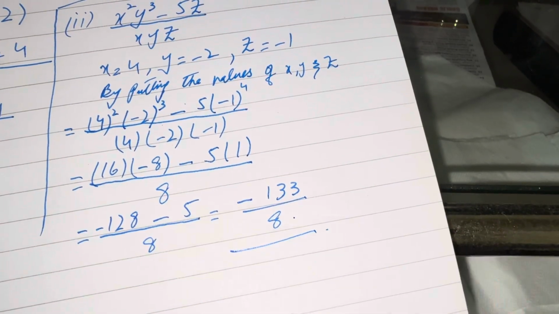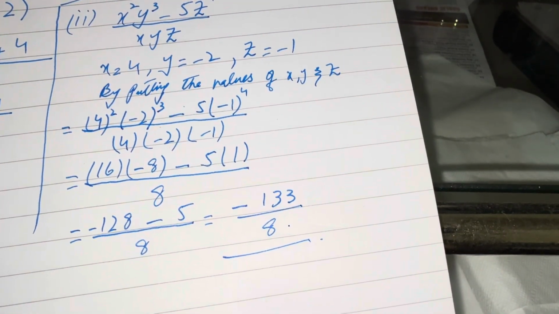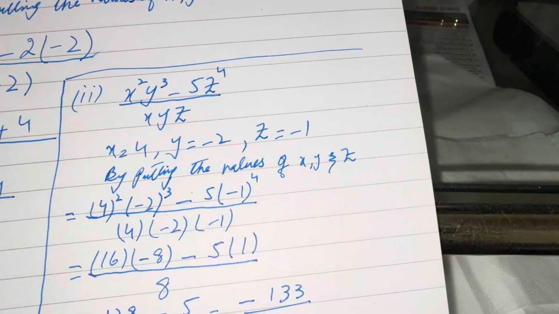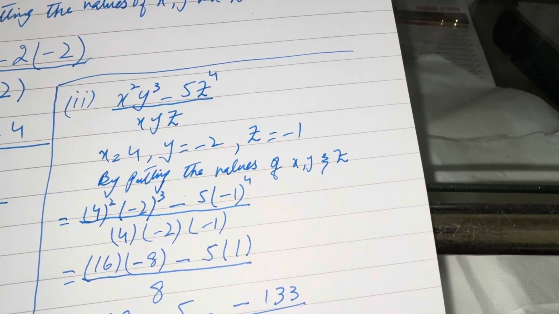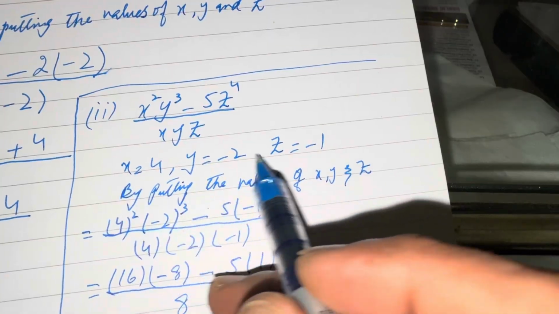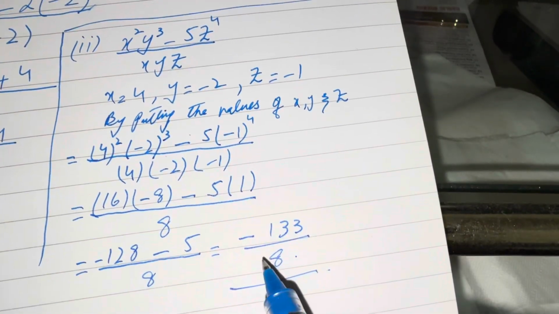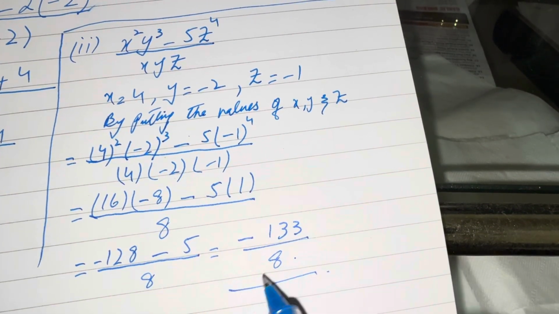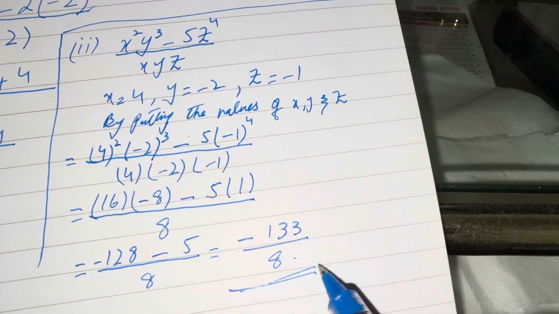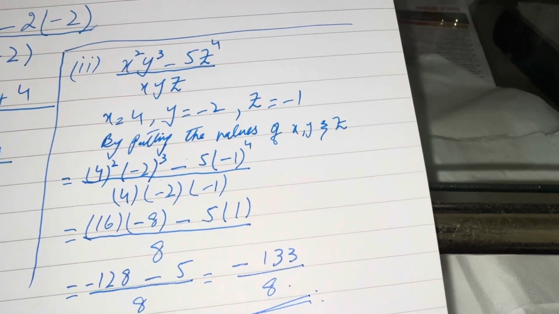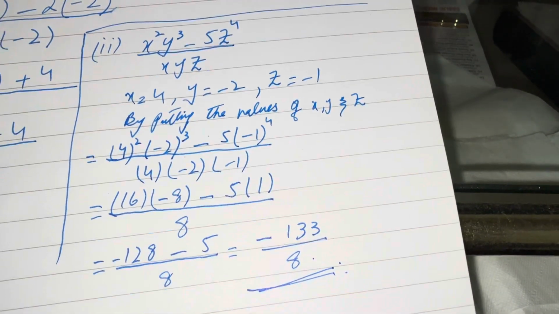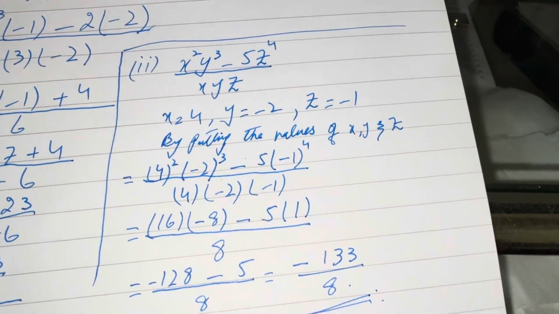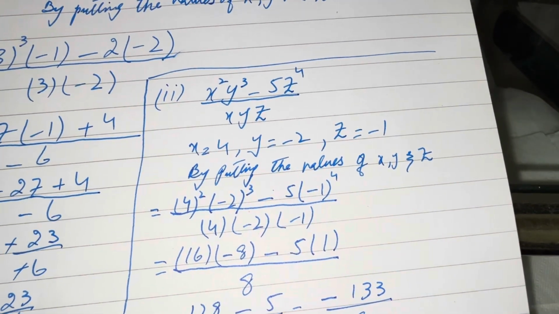So that's the simplest form that we have evaluated this expression by putting these values, and we got the answer -133 divided by 8.